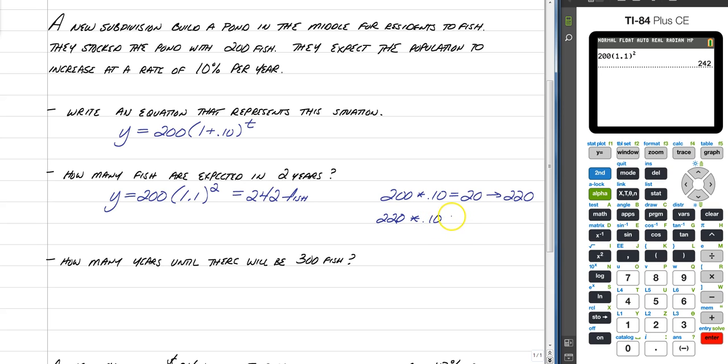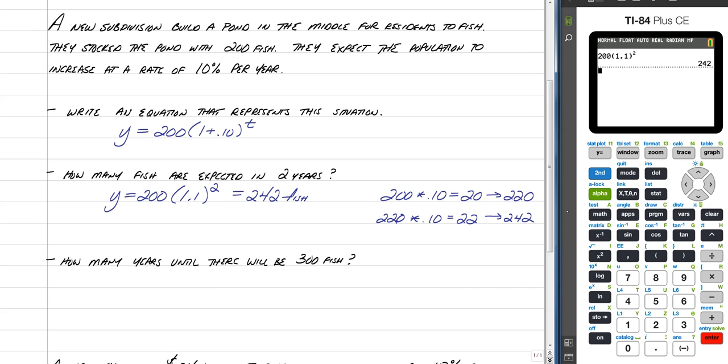So you would multiply that by 10% and you would get 22 more. That's why it becomes 242 fish and not just 240. So every year you redo the 10%. So the first year you take 10% of 200. The second year you take 10% of 220. So that's why the longer it goes, the more and more it's going to increase. It's not going to be constant of 20 fish per year.